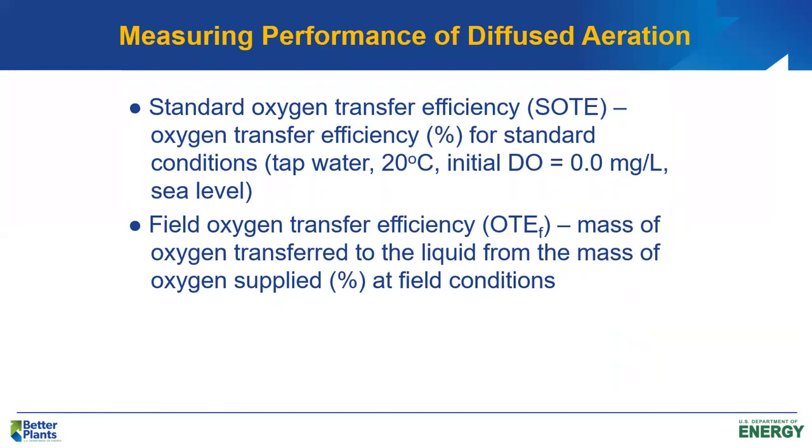Okay, let's talk about how we measure the performance of diffused aeration systems. When we talk about oxygen transfer capacity of diffused aeration systems, we do so in terms of percent transfer efficiency. For a porous diffused air system, the standard oxygen transfer efficiency is measured with tap water at 20 degrees C, initial DO concentration of 0.0 milligram per liter, and at sea level or 1 atmosphere of pressure.